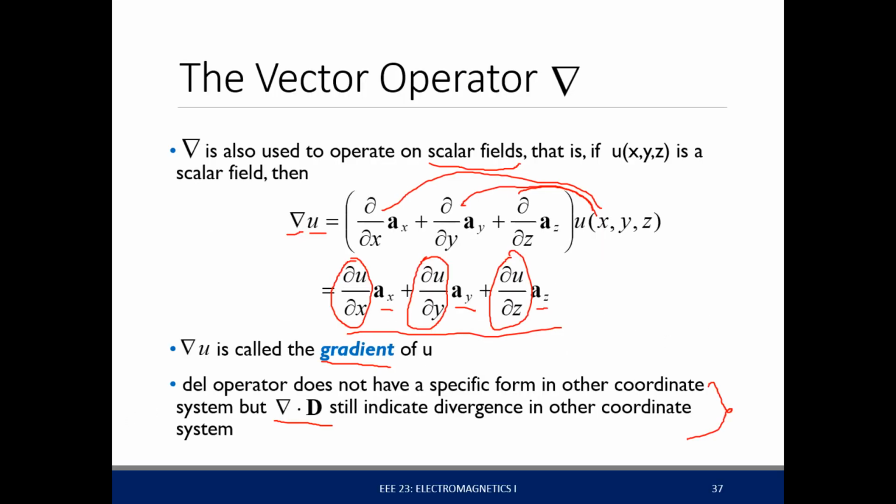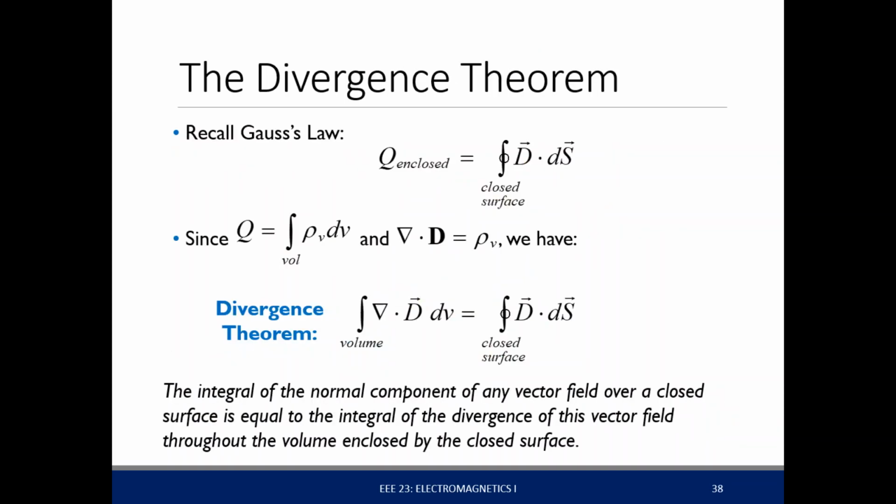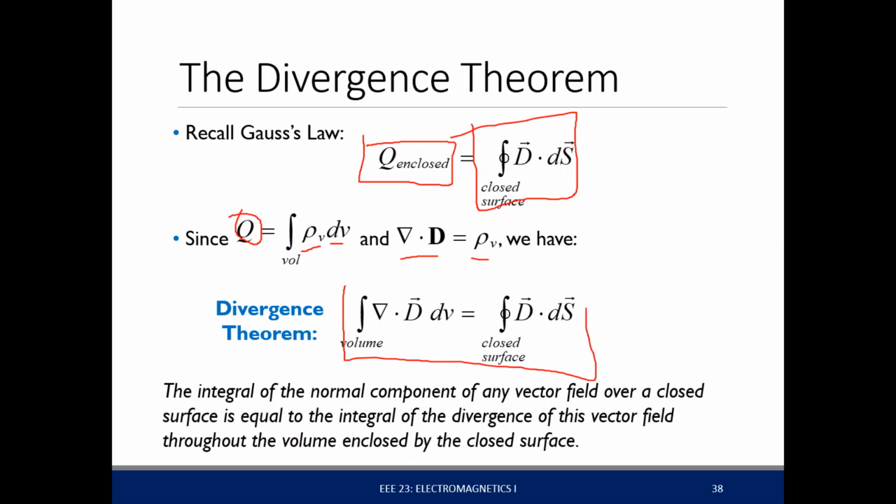So going back, now recall Gauss's law. Let's go back on track. Recall Gauss's law, where you have the enclosed charge equal to the closed surface integral. Since the total charge is equal to the volumetric integral of your charge density times the volume, and we have the divergence of D equal to the charge density, then we can express this in terms of this.